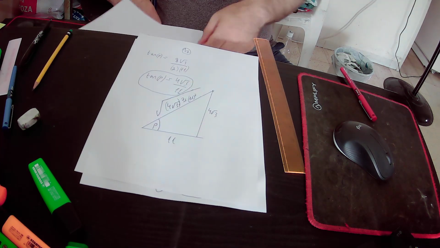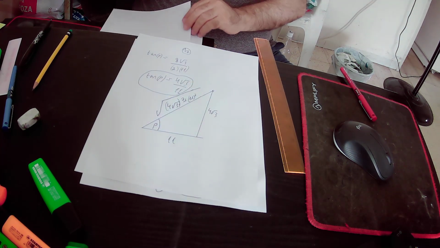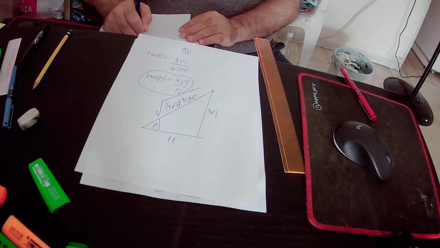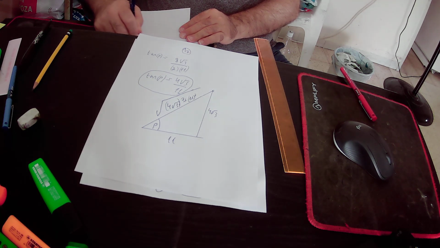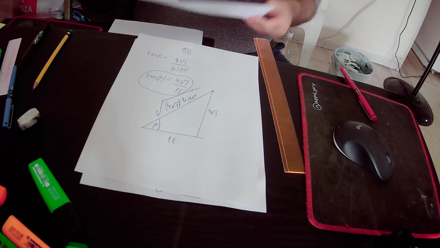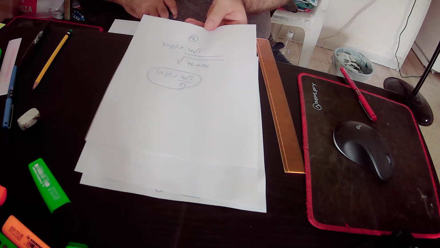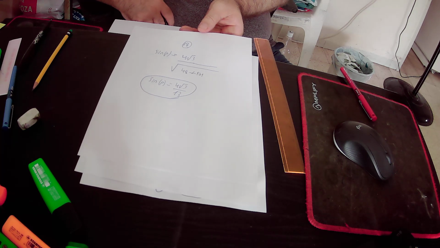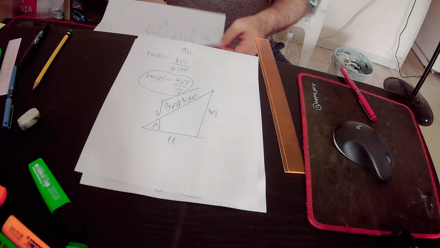Okay, so sine P equals 4 times root 3 over 13. We found that sine P equals 4 times root 3 over 13. Okay?